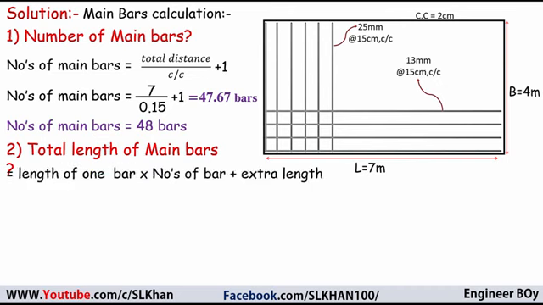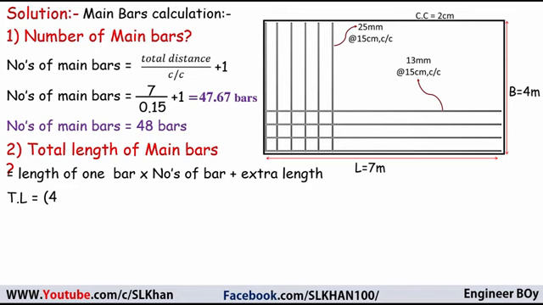Then I'm going to calculate the total length of the main bars, which is the length of 1 bar times the number of bars plus extra length. I'm going to call the total length TL, and the length of 1 bar is 4 this time. As you can see in the drawing, the breadth of the slab is 4 meters, which tells us about the length of the main bar.